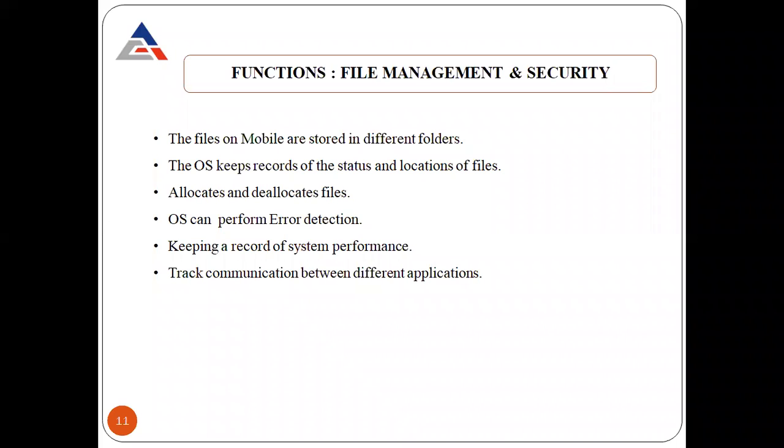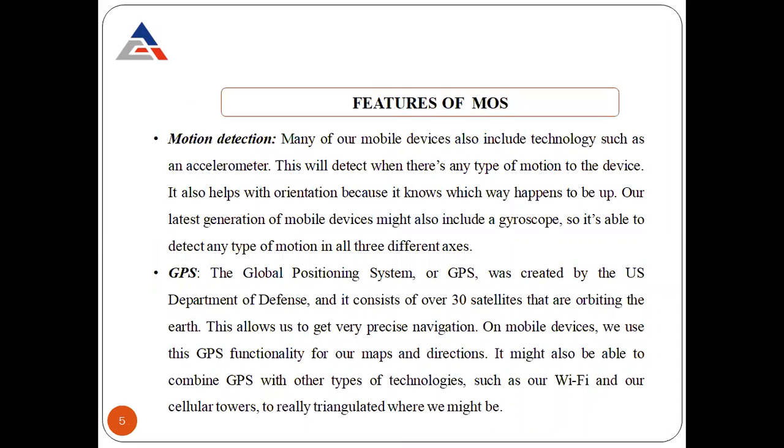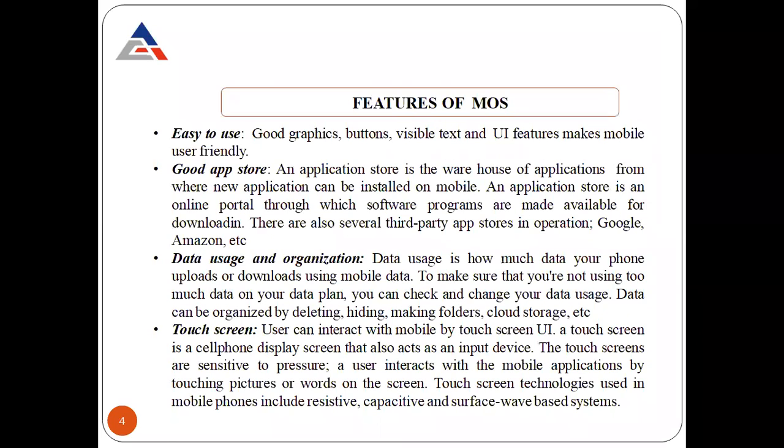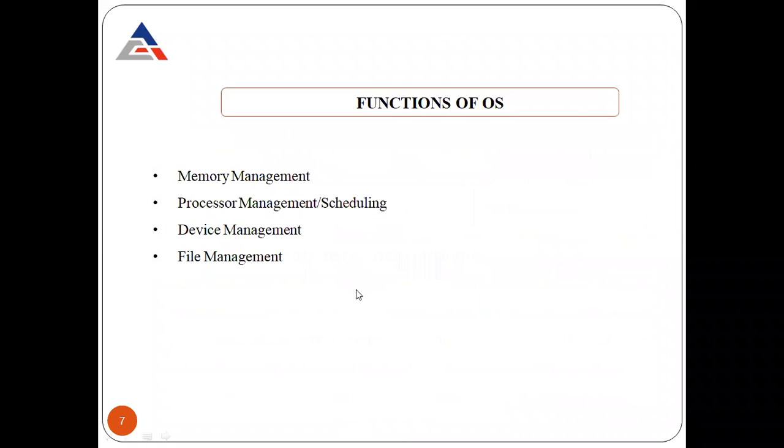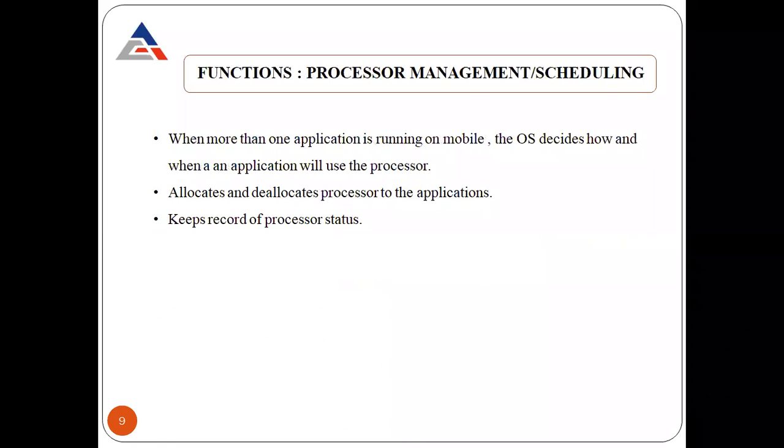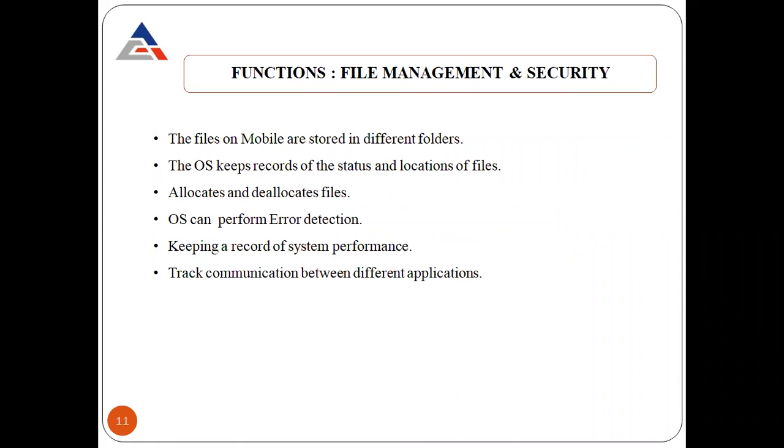The files on mobile are stored in different folders. As we have already read in the topic of data usage and organization, data can be stored in files and folders.